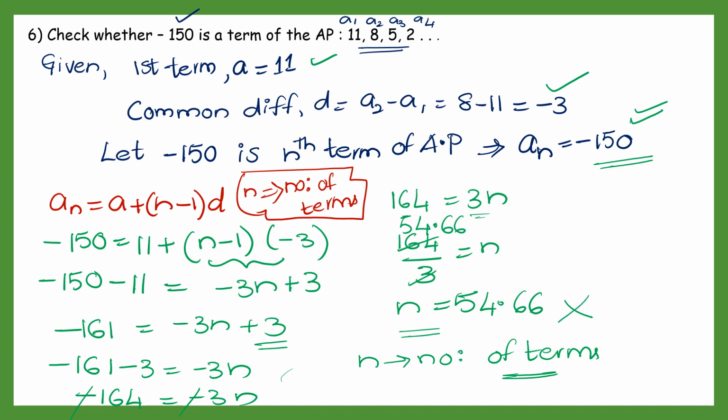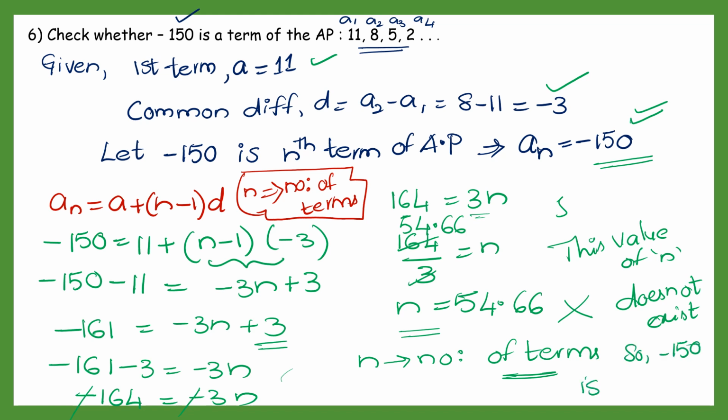So this value of n does not exist. n cannot be a decimal number. So minus 150 is not a term of the arithmetic progression.